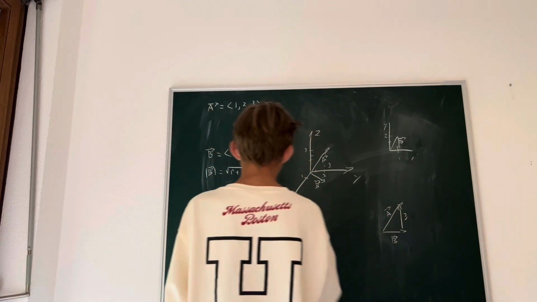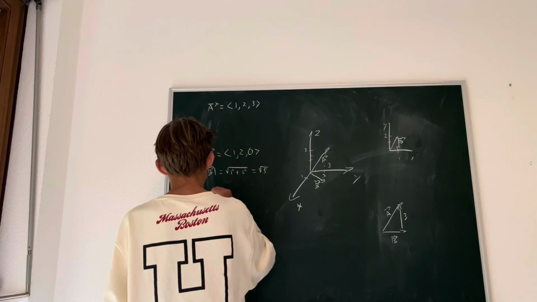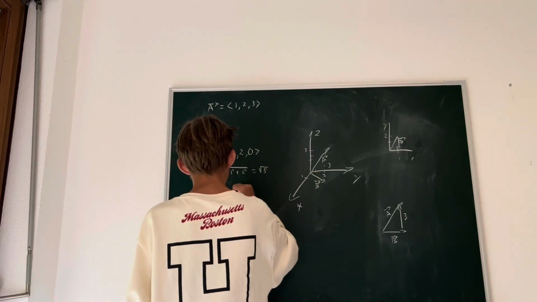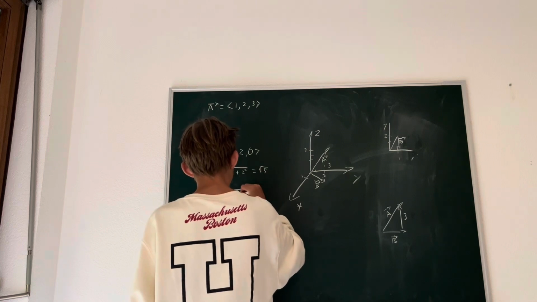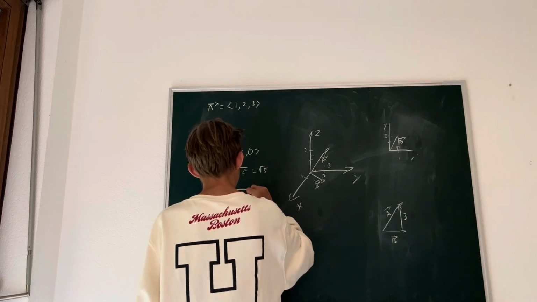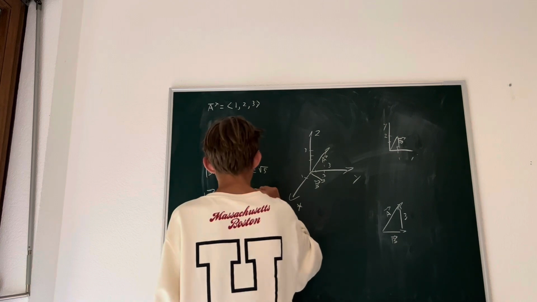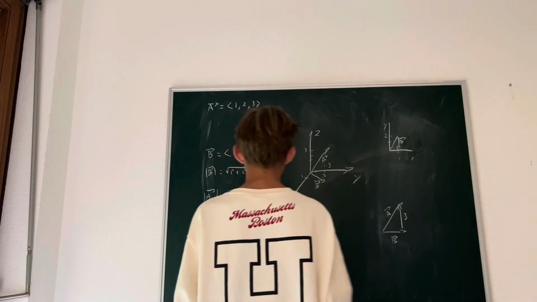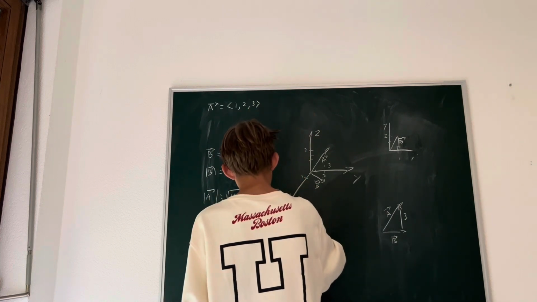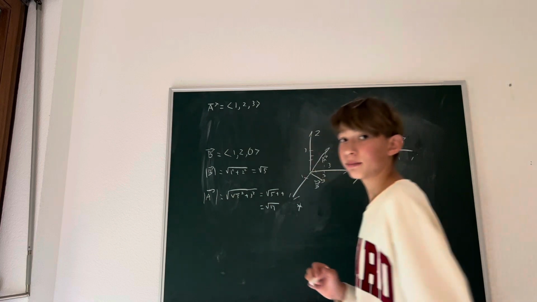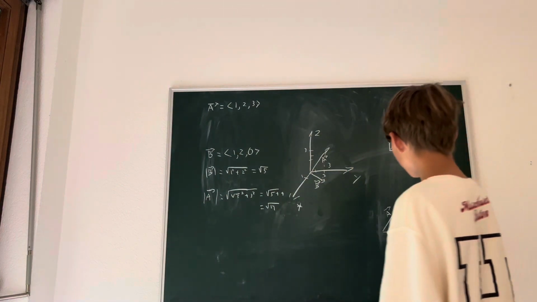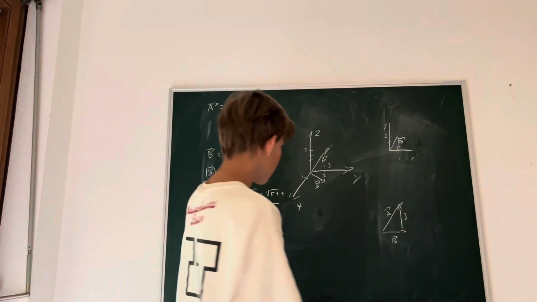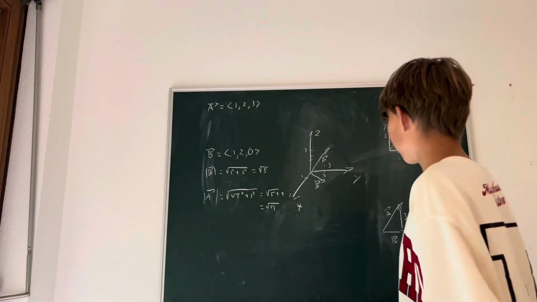So the magnitude of A is going to equal the square root of 5 squared plus 3 squared. This equals the square root of 5 plus 9, which equals square root 14. So this is probably a better visualization of why we just square all components and put them into a square root.